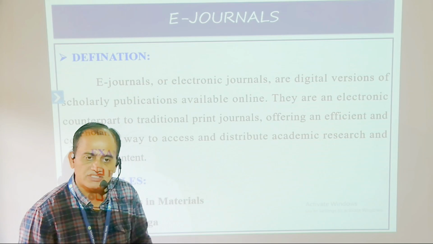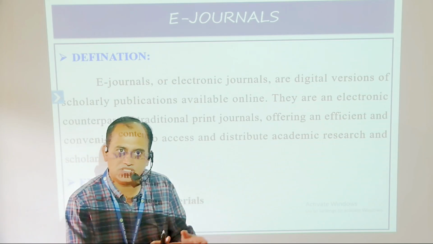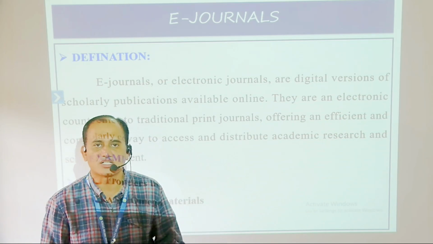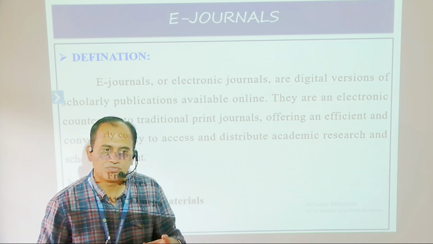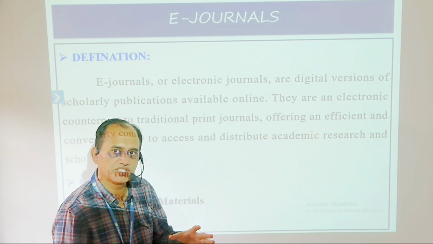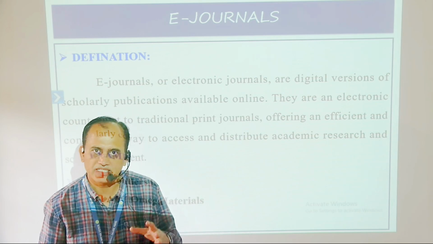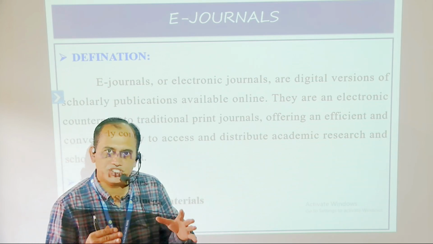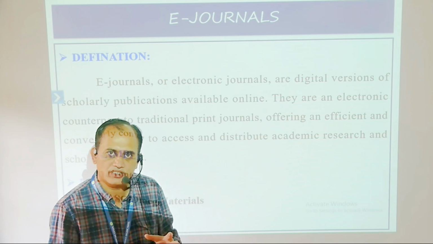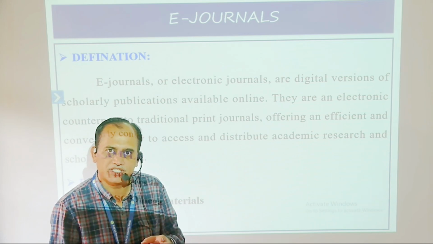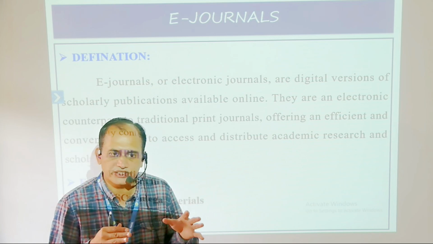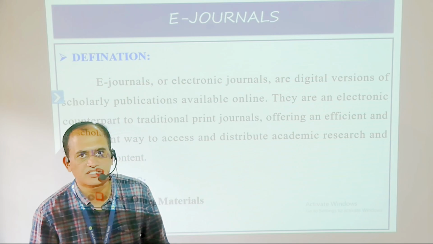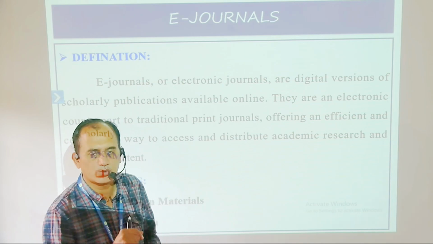In web resources there is an important aspect, that is e-journals. I have mentioned to you that the e-journal is the new revolution in the web resources, and right now many journals, or maximum all journals, are getting converted into e-journals, because right now all the stakeholders are checking their research articles through the internet only.